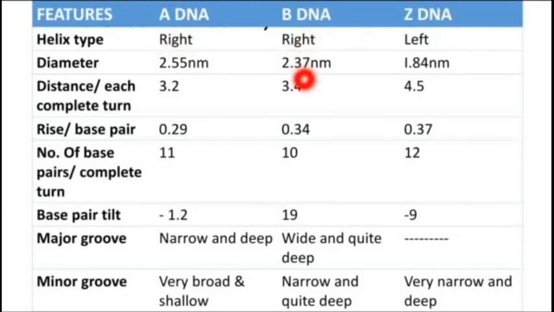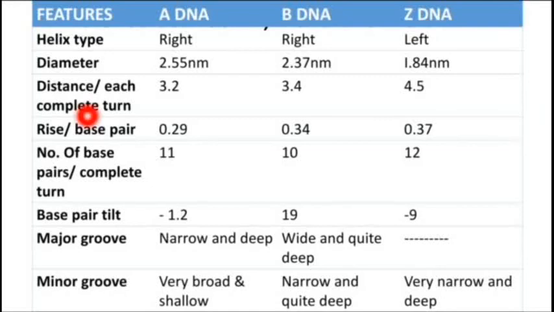The bDNA is normal and it has a diameter of 2.37 nanometer or approximately 20 angstrom, the diameter of aDNA is 2.55 nanometer and that of zDNA is 1.84 nanometer.